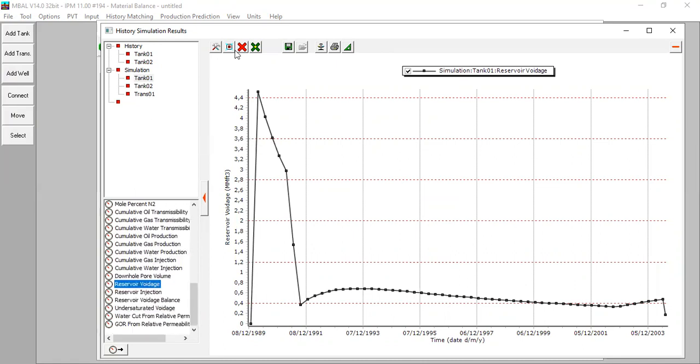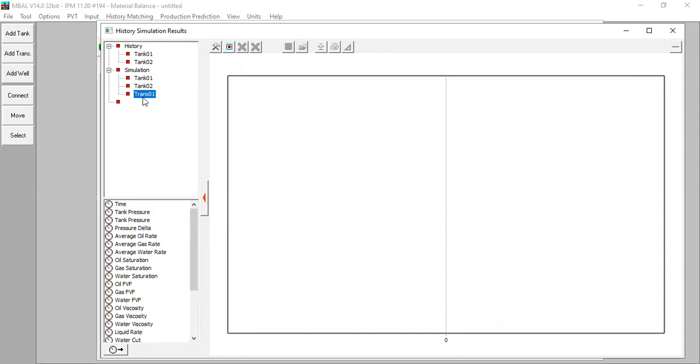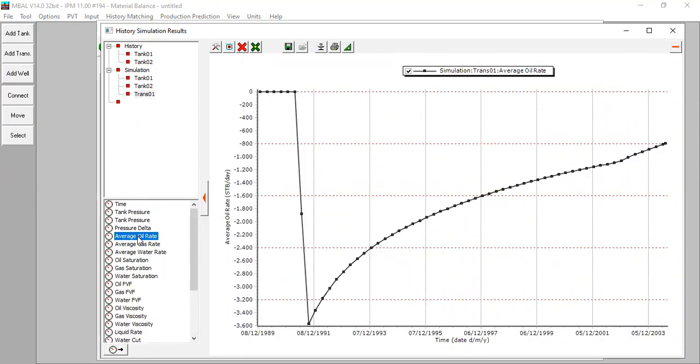And then what can we show from transmissibility? This is the flow transmissibility. It is 0 previously, because the pressure threshold hasn't been reached yet. So there is no flow from tank 2 to tank 1. That's why it's 0.